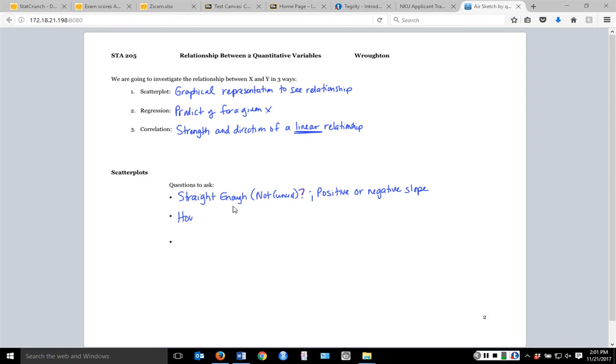Our next question is to talk about how strong the relationship is. Basically kind of looking at how obvious is the pattern that we have. When we're talking about this, we're going to be looking at kind of how close the points are together. And then finally, we're going to just see if there's anything unusual with our plot.